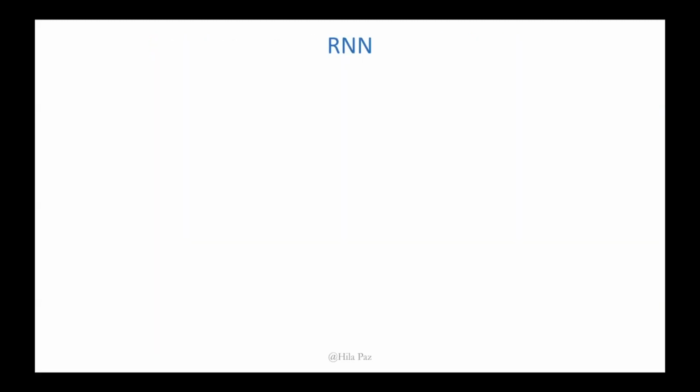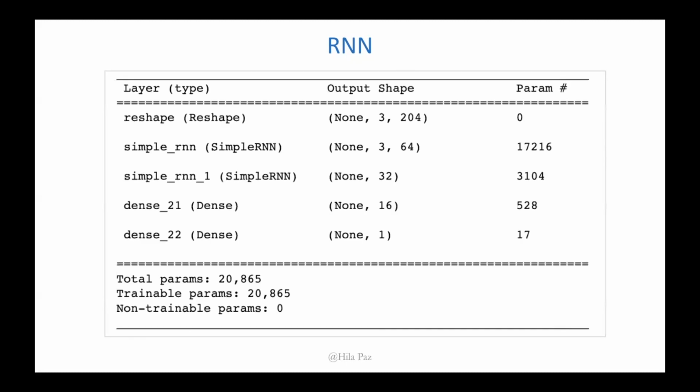When it comes to RNN, given that we are experimenting with sequences after all, our network architecture did include a quarter of the parameters of the fully connected layer, with two hidden RNN layers with 64 and 32 neurons, then one additional hidden dense layer before we reached the output.